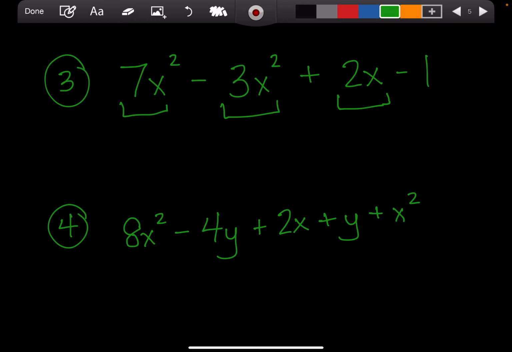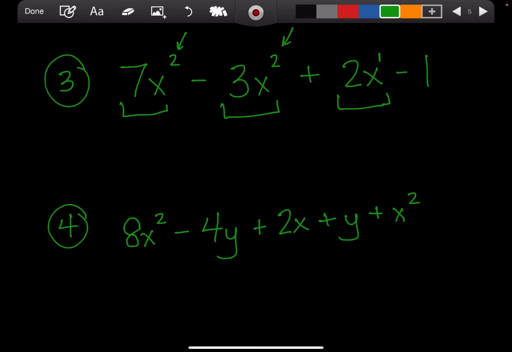This 2x technically does not have the same exponent as the other x terms. So 7x squared and 3x squared, they both have that exponent of 2. So the x has an exponent of 2, but this 2x has an exponent technically of 1 right there, x to the first power.